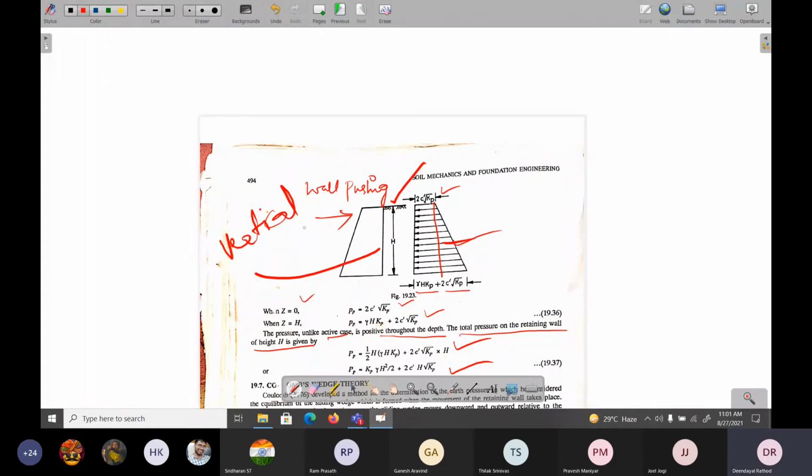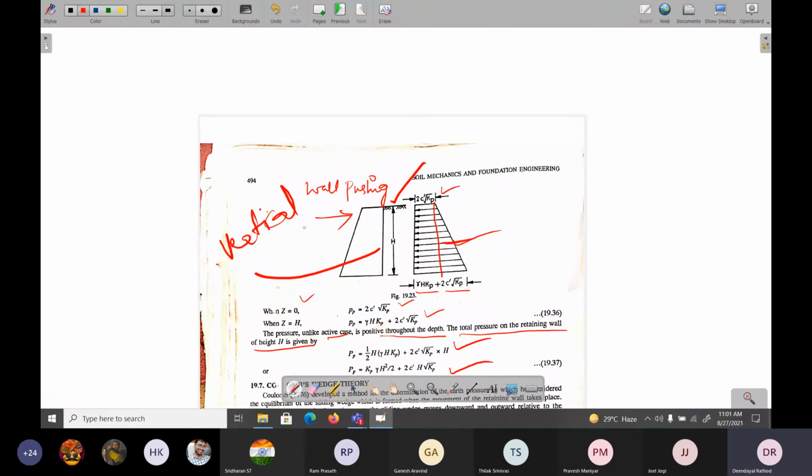Now before moving to Coulomb's theory, this is Rankine's theory, and we have seen Rankine's assumptions. What are those assumptions? He has assumed that the soil surface is a plane, it can be inclined but plane. The wall generally will be vertical, and it is smooth. That is very, very important. The back side of the vertical wall is smooth.